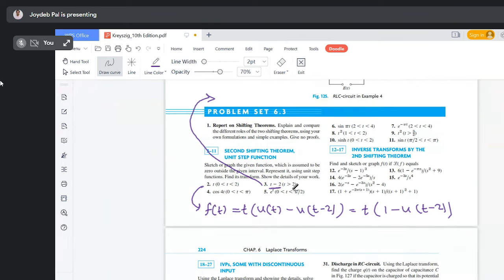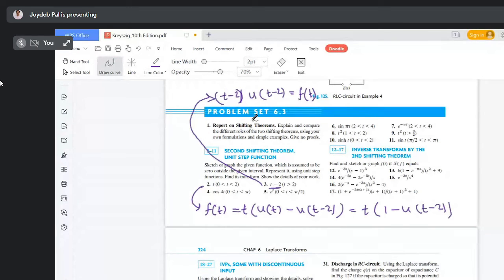So whenever this kind of condition is there, t greater than something, that function is multiplied by u(t minus that point). So it will be t minus 2, and according to the interval, it should be multiplied with u(t minus 2) only. Right? Any doubt? No, sir. Write this down and keep it, later just take its Laplace transform.